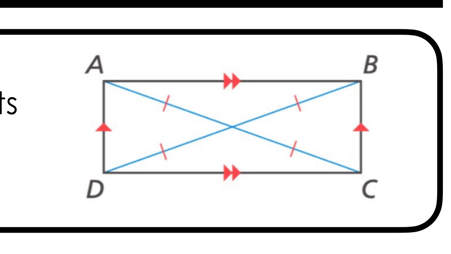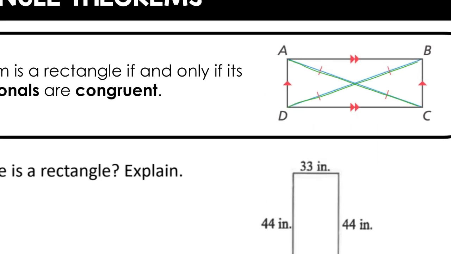But what will happen is that they will equal each other. So the length of this entire diagonal is going to be identical to the length of this entire diagonal. They also still bisect each other because remember, that's any parallelogram. That means this is still a midpoint, but the length of them is going to be the same now. So that means all 4 of these pieces will be equal.